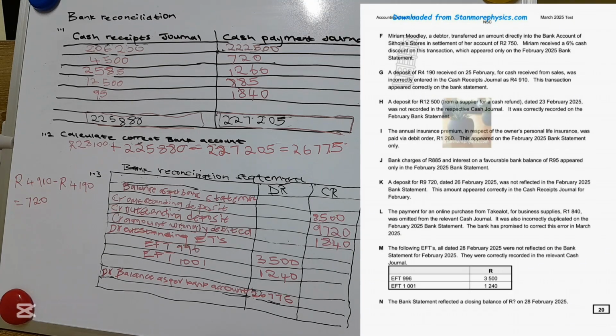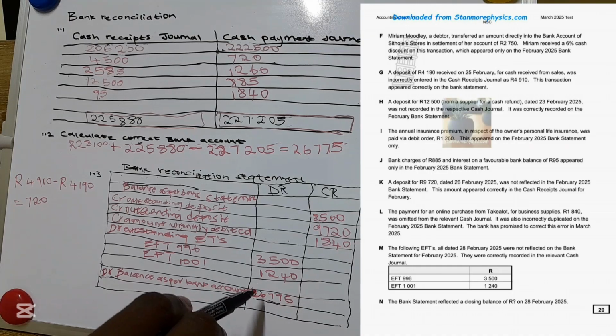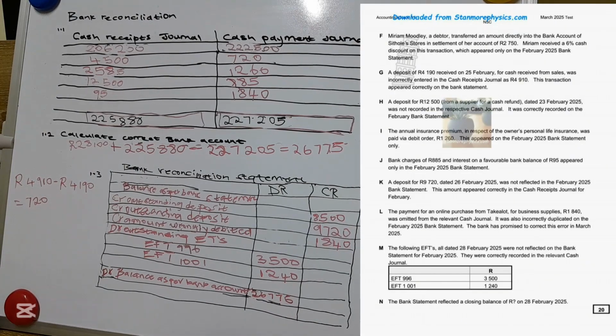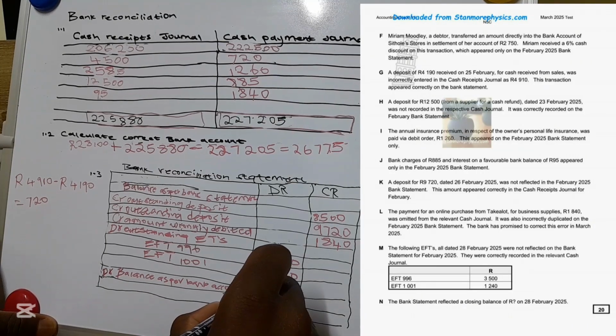So here, since I've already done my calculations, confirm with your own calculator. Our biggest side is the debit side: 3,500 plus 1,240 plus 2,000 plus 26,775, which is going to give us 31,515.